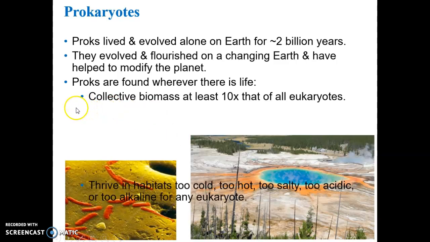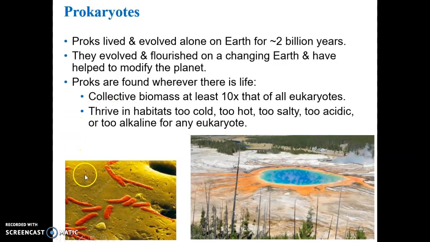So prokaryotes are very successful. And they thrive in habitats that are too cold or hot or too salty or too acidic or even too basic, alkaline, for any eukaryote. They've been around for a very long time, and they're very successful, and they will most likely be around for a very long time yet.